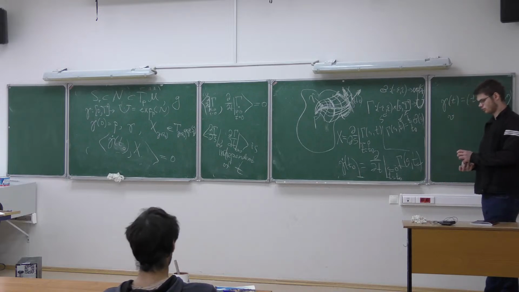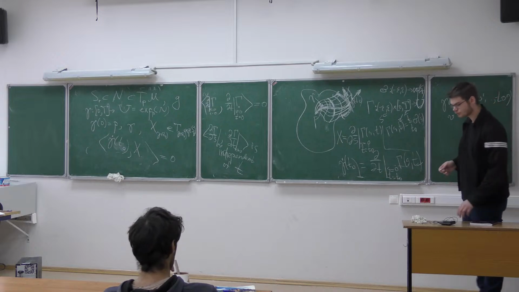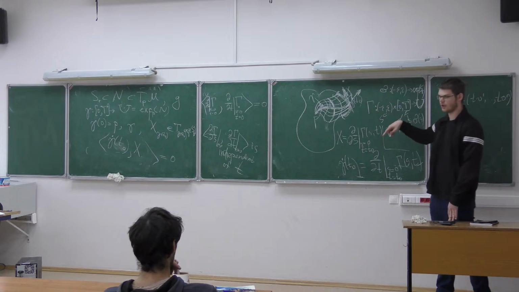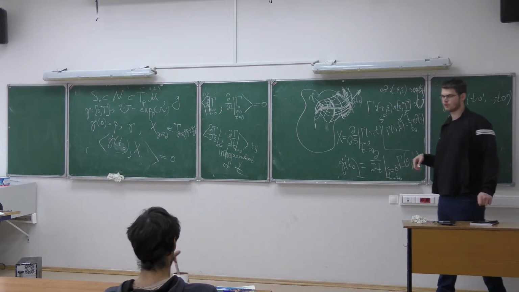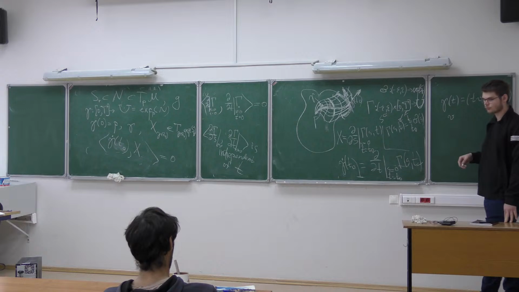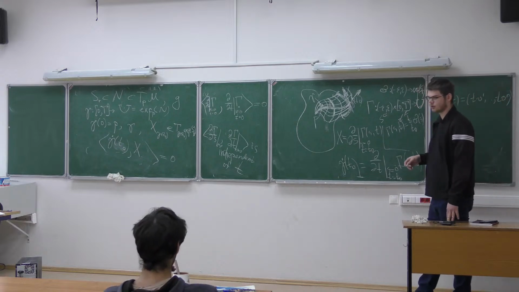Is it clear that this is independent? If I take the derivative with respect to T, then it's linear in T, so your gamma is kind of linear in T. So of course the derivative doesn't depend on T. Yep. Okay.